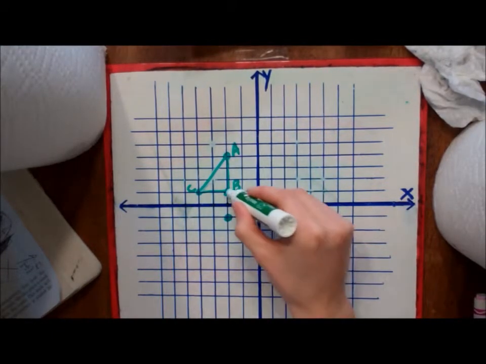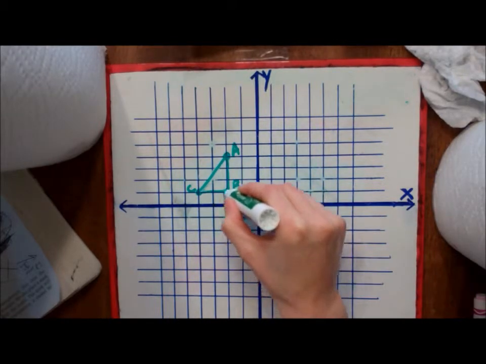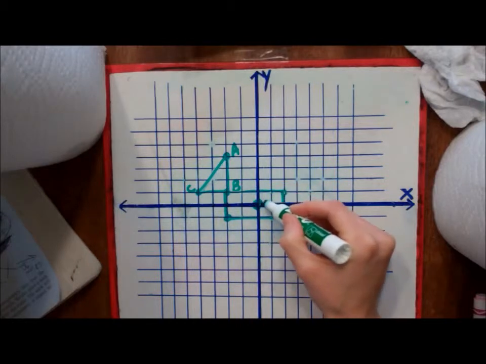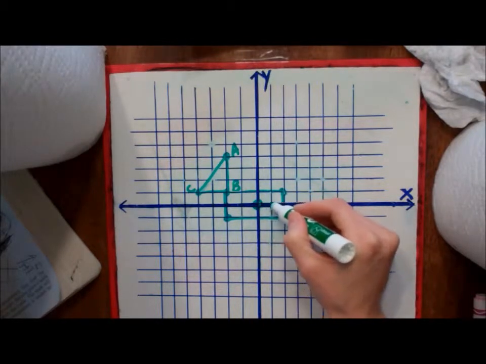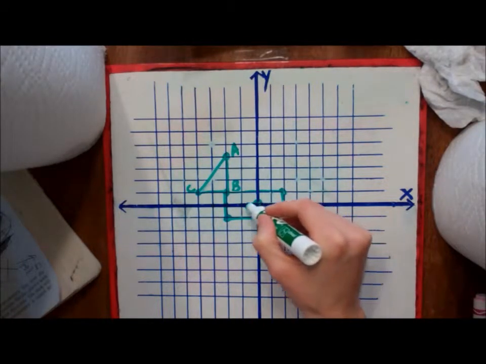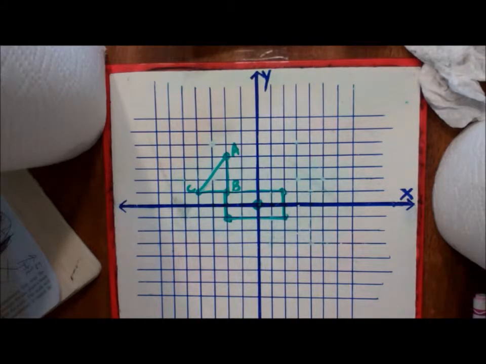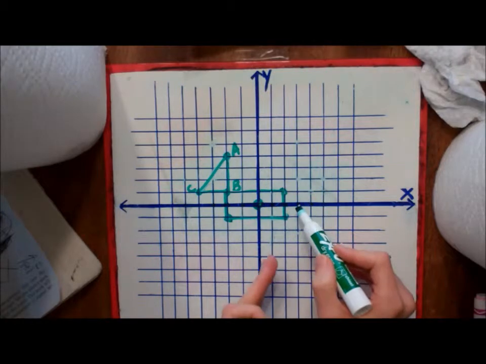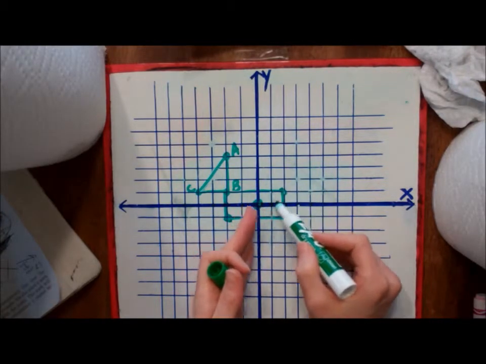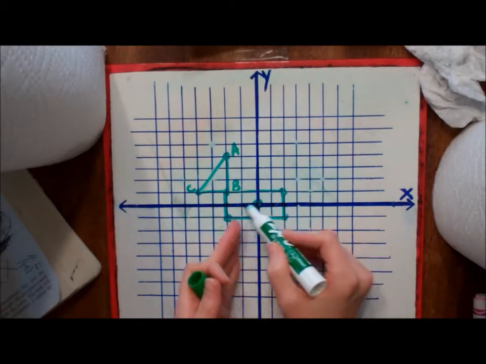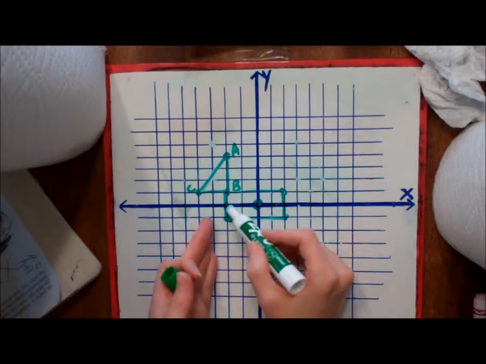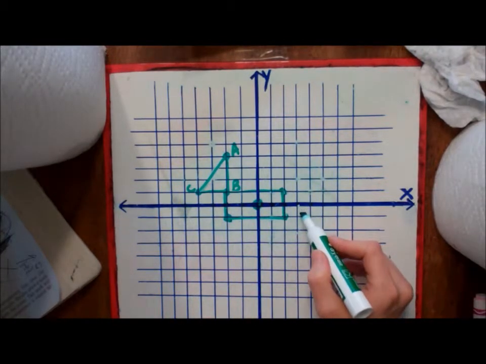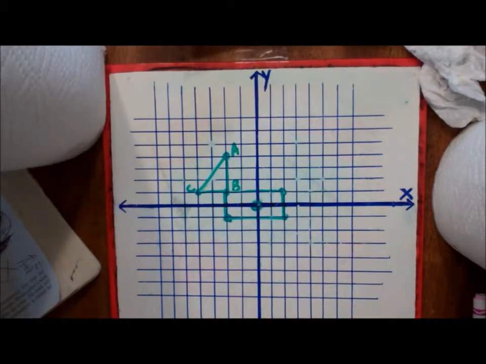So we went all the way around from the center of origin, 1, 2, 1. Everything, whether it's positive or negative, is always 2 over and up 1, or 2 over and down 1. So the whole center of origin is 2 over and up 1 from this center.